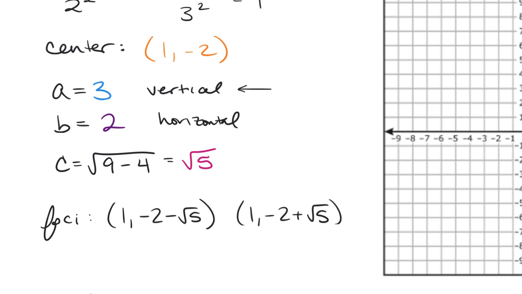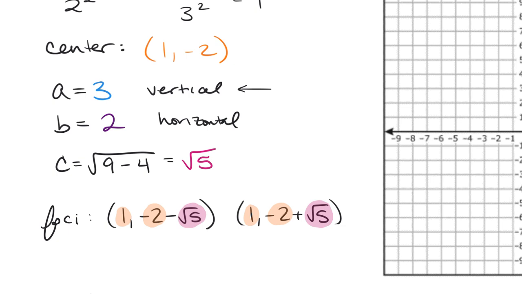Where did all these things come from? Great question. So glad you asked. This is the value of c that I'm adding and subtracting. These are the center points, the center of the ellipse. I chose to add and subtract the c value from the y coordinate because it's a vertical ellipse.